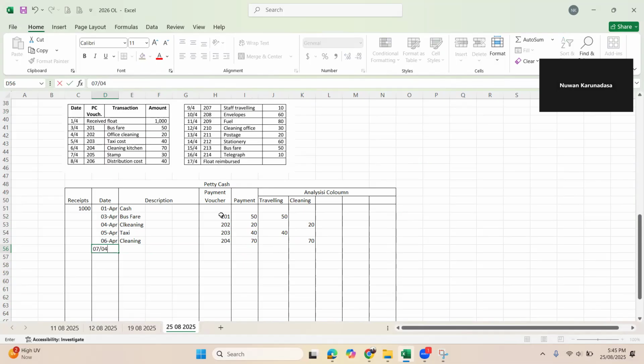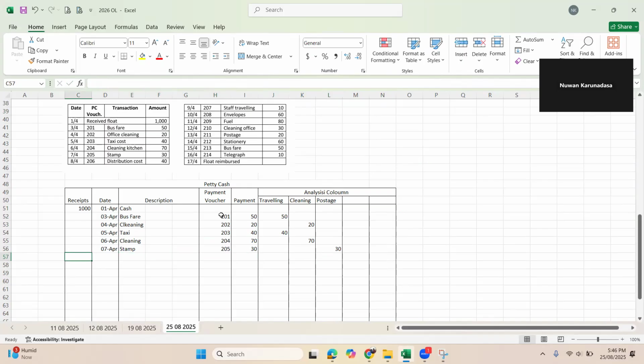Then 7th of April, that is for stamp, voucher number 205. The value is 30 rupees. That we will take under postage, right? Postage, 30 rupees for the stamp.